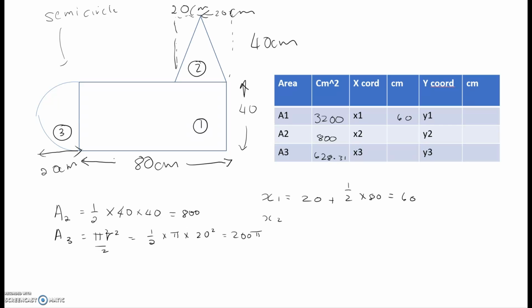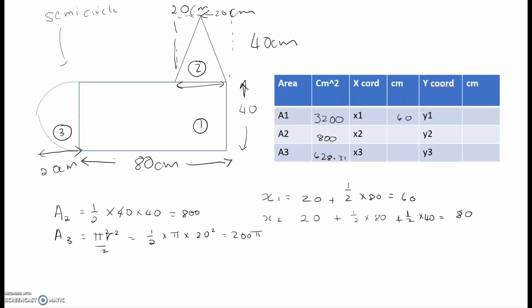Now x2 is going to be this 20 of the semicircle plus halfway along the rectangle, so that's 20 plus half of 80, which is 60, plus half of this bit here of the triangle, so that bit there is 40, so that's plus another 20, which is 80 all up.